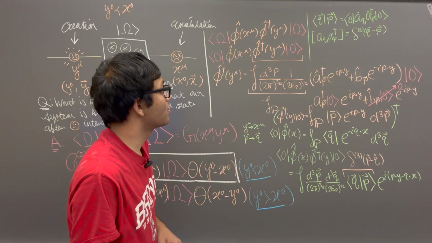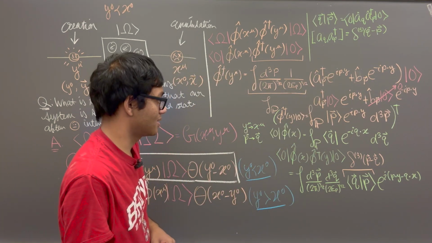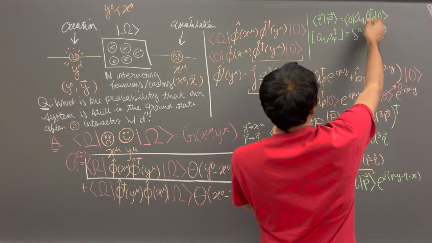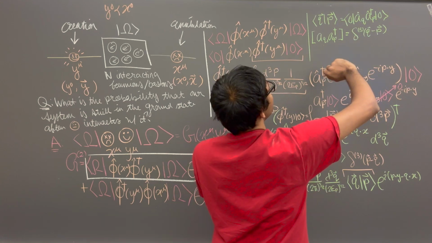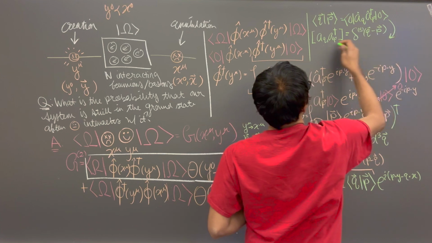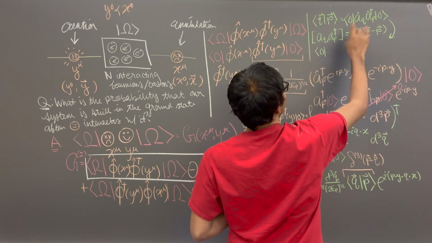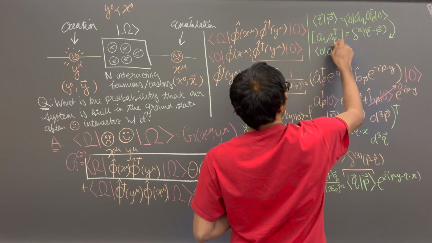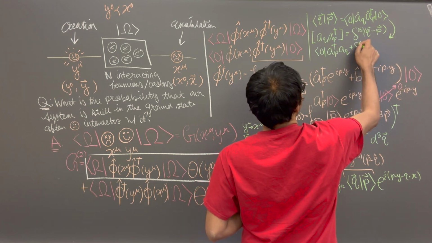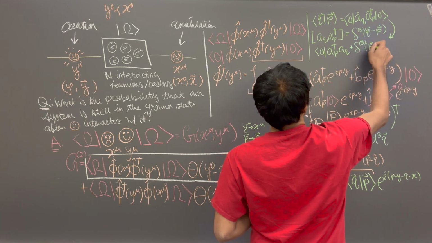Okay, so let's think about that. So what have I got here? So if I switch these two, then let's go ahead and write it over here. I'm going to have ⟨0|, I'll have a_p† a_q, but plus, we're doing this at the cost of adding a delta function.